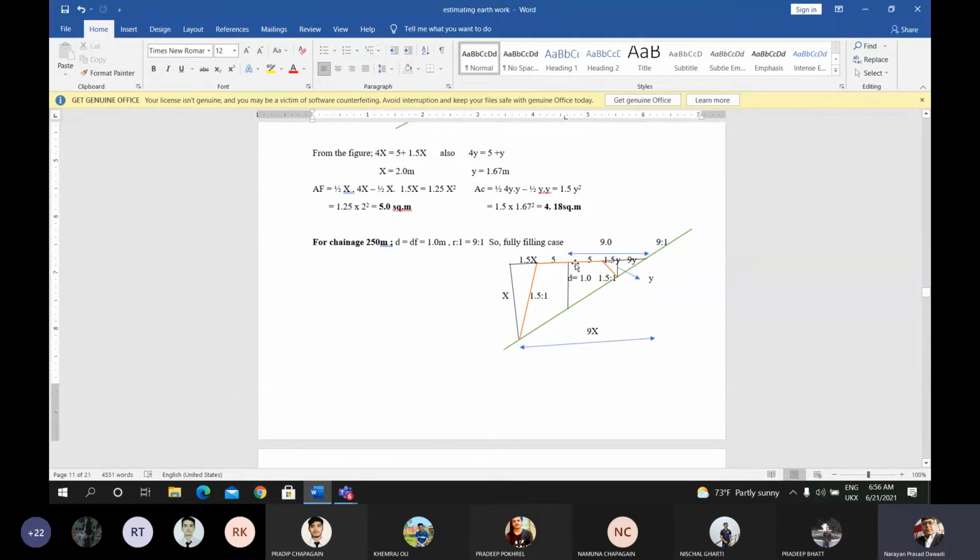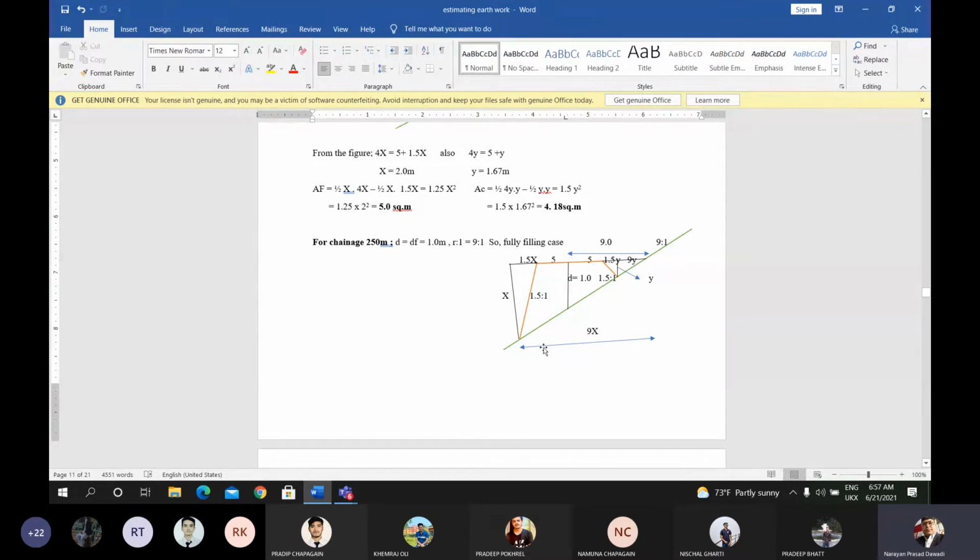If this perpendicular horizontal depth from the center line is 1, and this is the slope of 9:1, then the horizontal distance from the center line to the green line will be 9 meter. Similarly, for this x, the slope is 9:1, so the horizontal distance from this to the end of the filling slope on the left hand side, towards the intersection point of the formation level prolonged up to the green line, will be 9x.